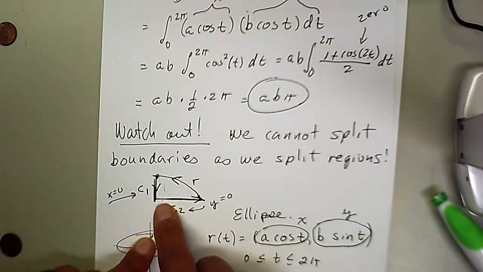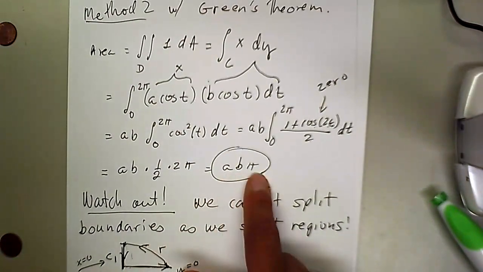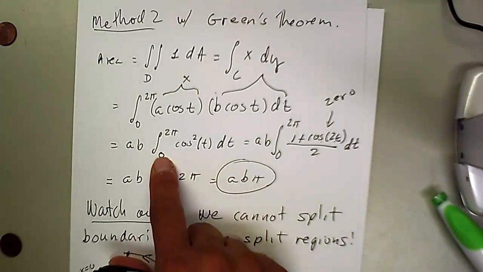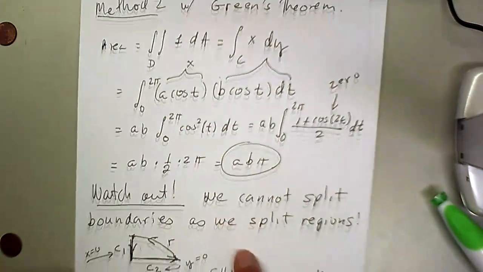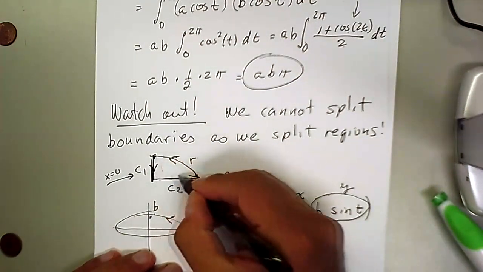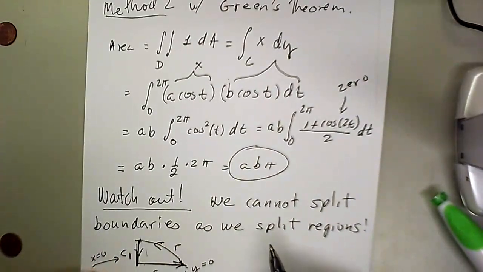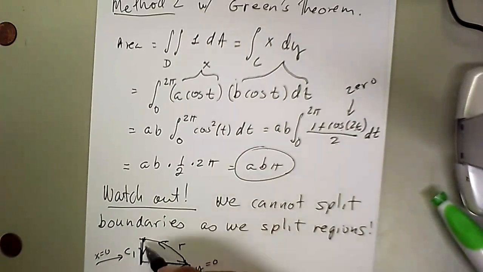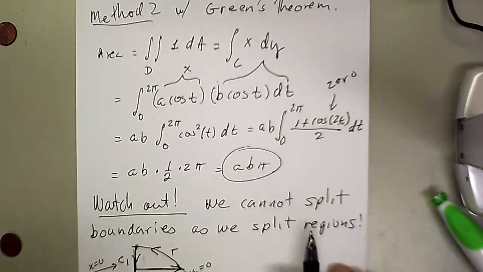So it is coincidental that we get ab pi if we restrict ourselves to 0 to pi over 2 and multiply by 4. In reality, what we have to do is add those boundaries. So going from 0 to pi over 2 here without adding those boundaries would be incorrect. We're just lucky in this problem if you were going to do that. What I'm trying to say is this.